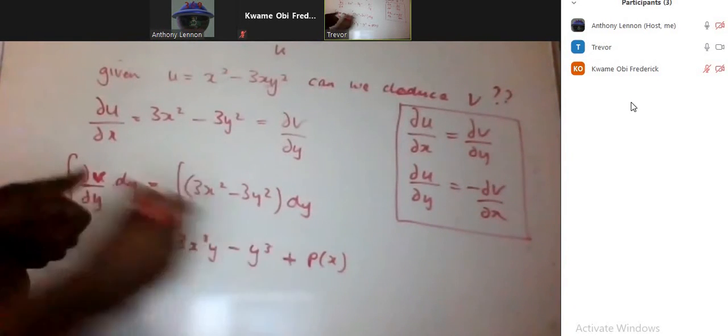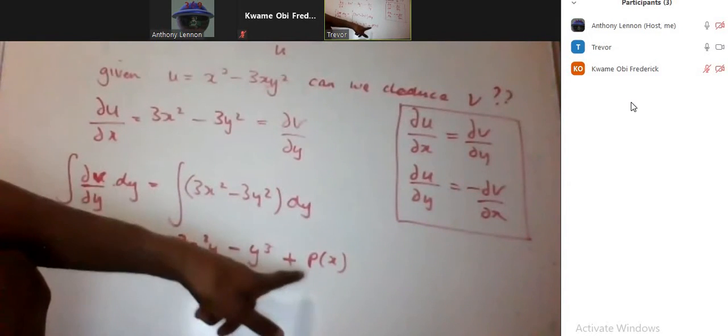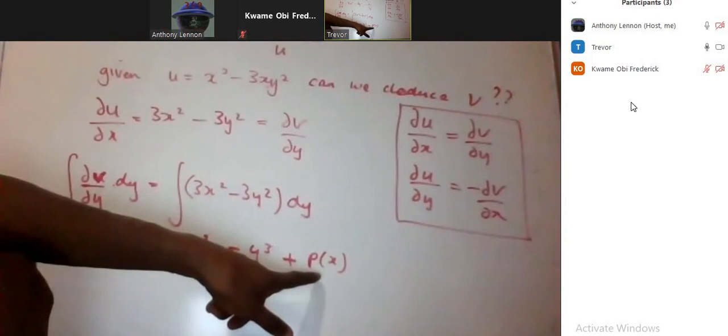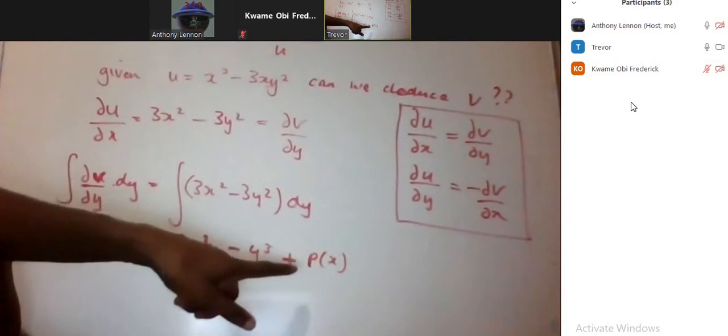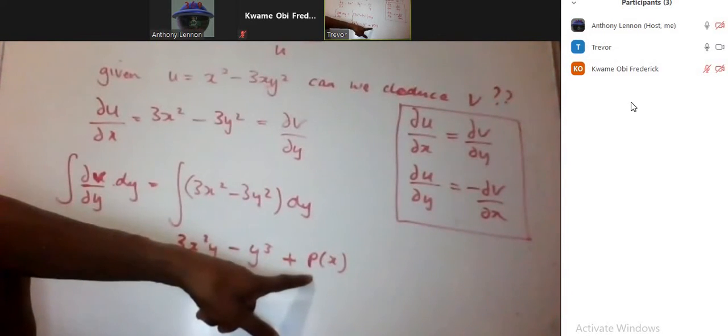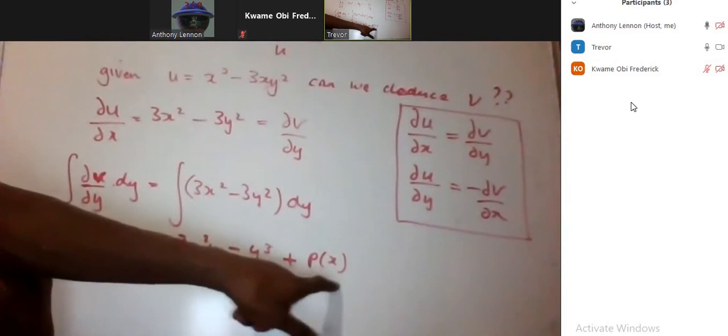Now you must add the constant of integration, but the constant of integration in partial differentials is a function of the other variable.